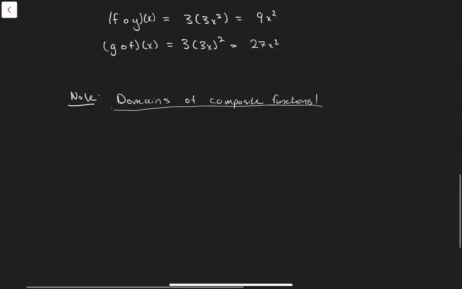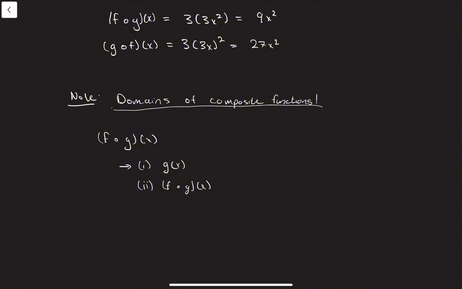Meaning, if we're taking the composition f of g of x, we need to understand the domain of first g of x, as well as second f of g of x. Since we're using g of x on the inner side of the function, its domain must be held first, and then when we compute f of g of x, we can also make sure that domain is held true.